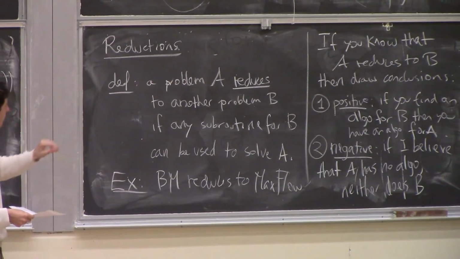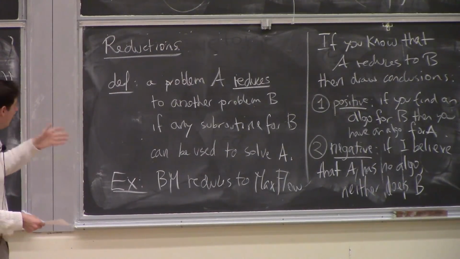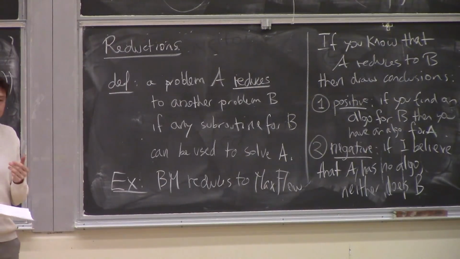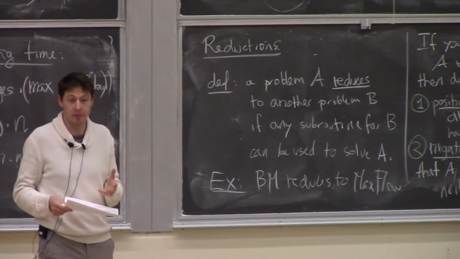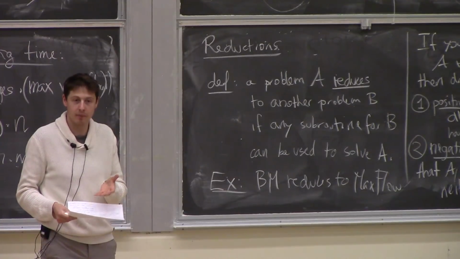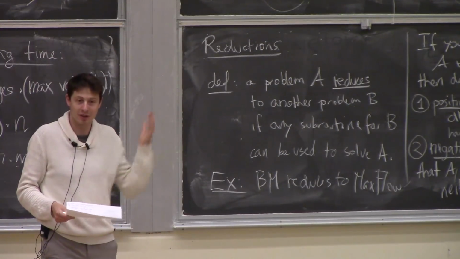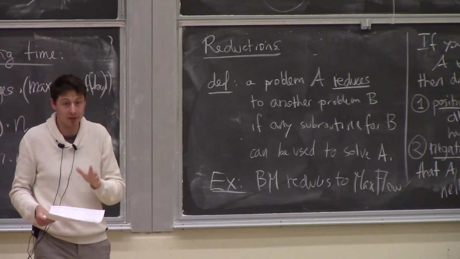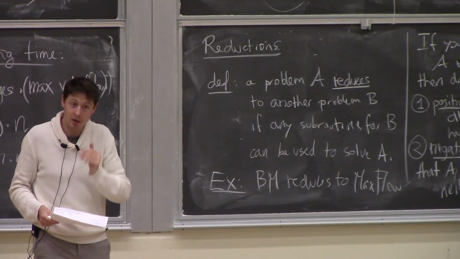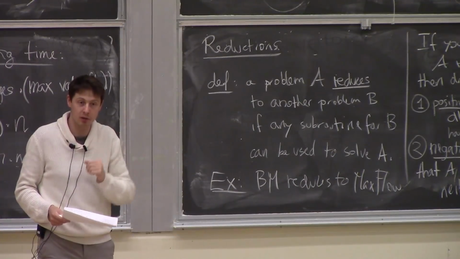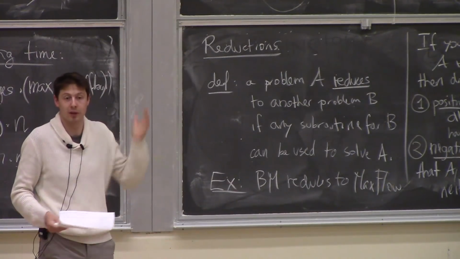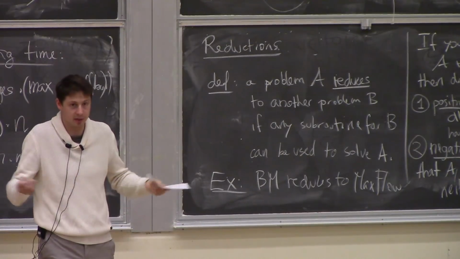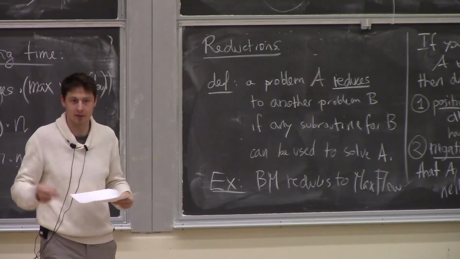Well, let's check this one. If I believe that A has no algorithm, then let me convince you that I should also believe that B has no algorithm. Why? Because if B had it, then certainly A has it by definition of the reduction. If A is reducible to B, it does not mean that B is reducible to A. The other way around would have required me to reduce B to A, but that's not what we had. We had A is reducible to B. Obviously, if you have both directions, then your belief must carry in either direction.